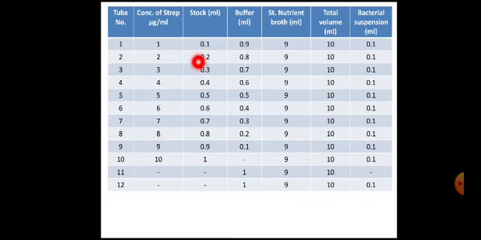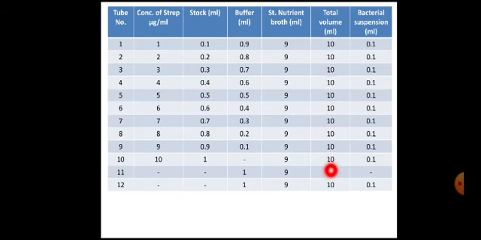Now this part we have already calculated. The concentration, the quantity of stock B, and how much buffer has to be added. This is common in all the tubes. There will be 9 ml of sterile nutrient broth. This is common for all.